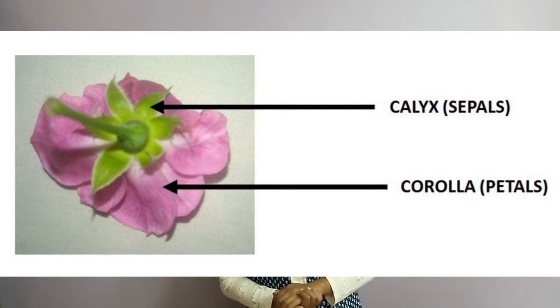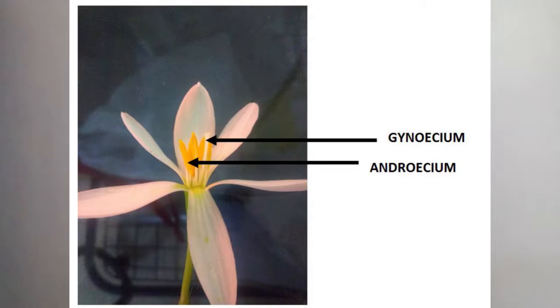Here I'll show you a picture of a real flower. So these green parts are the sepals. Petals we all know, and this is androecium and this one is gynoecium.